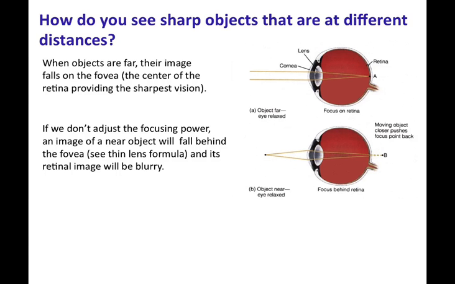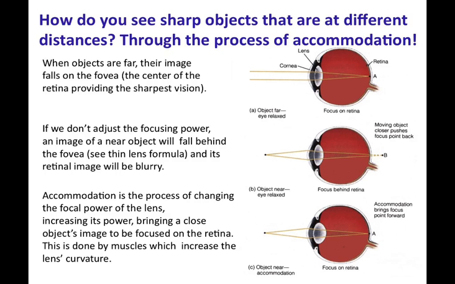So in order to see point B sharp, I need to increase the focusing power of my lens. So the image lands exactly at this distance, and I'll have only one point of light hitting my retina. And the way this works is, again, by the process of accommodation. You see these muscles here are far away from the lens.